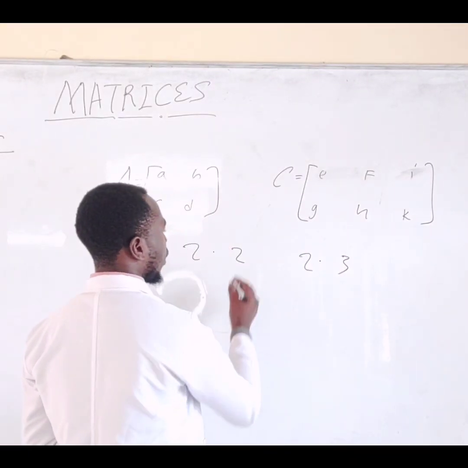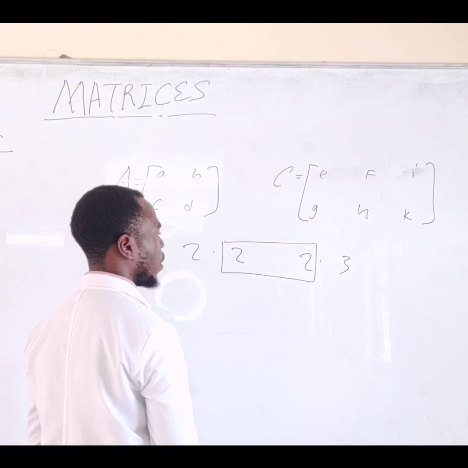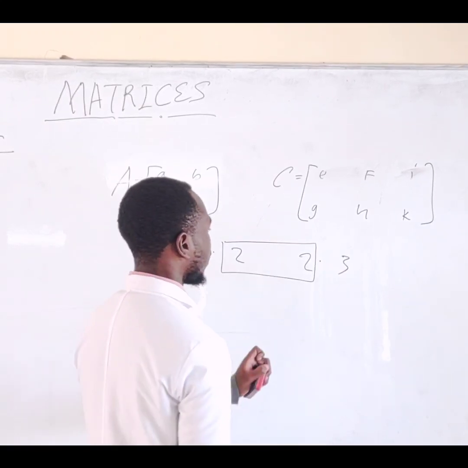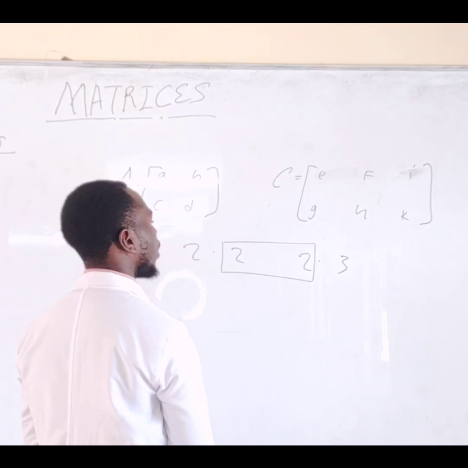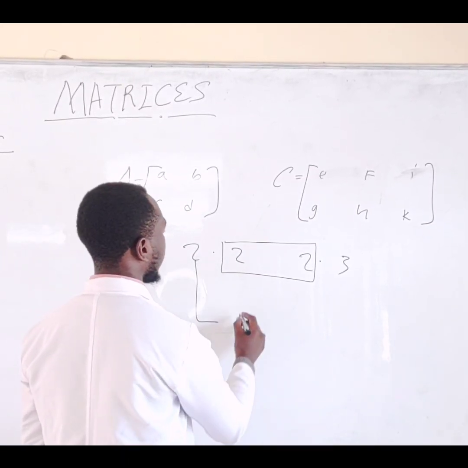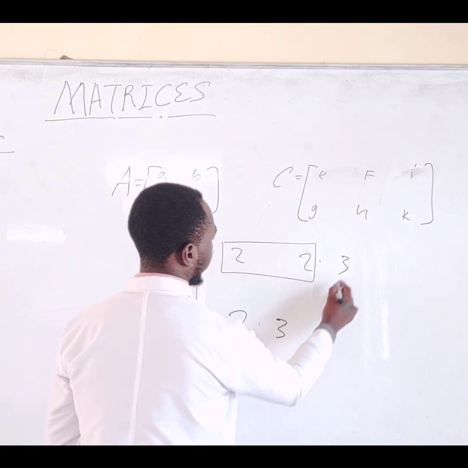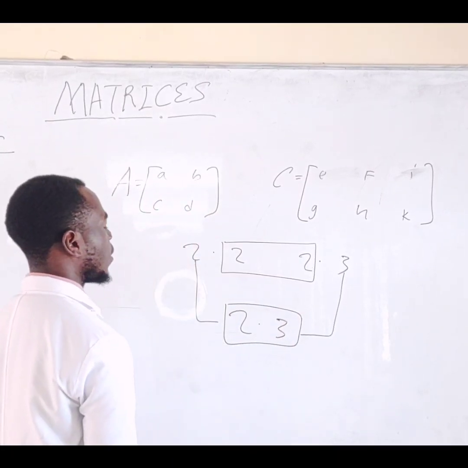These two numbers here in the box are equal, which simply means matrix A and matrix B, you can multiply them. And the answer you are going to have is going to have the order of 2 by 3. Is it okay? This is your answer.